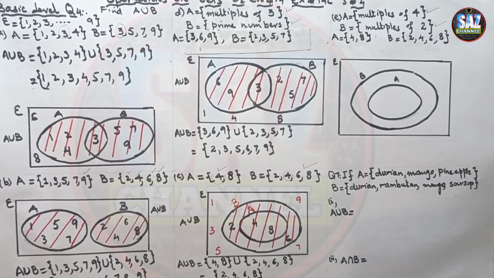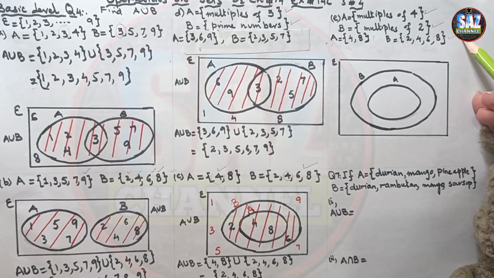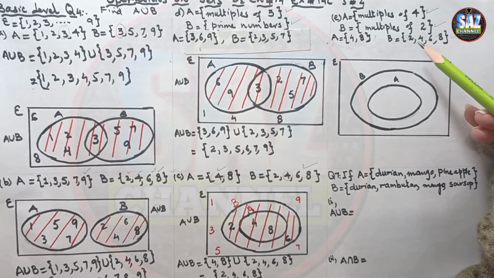Okay. Now after translating these sets into numerical values, I have to see what the relationship between these two sets is.